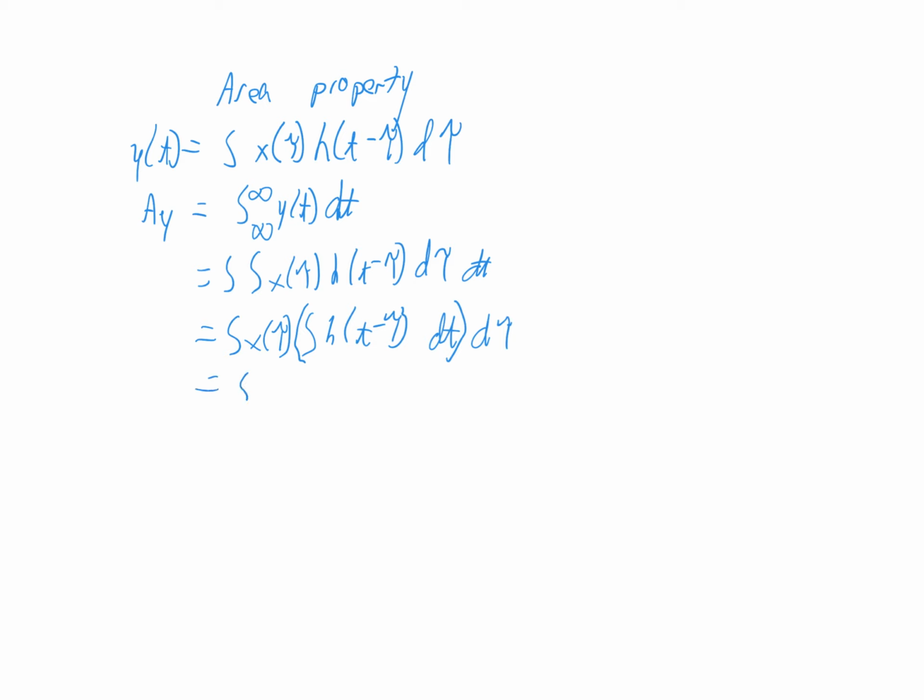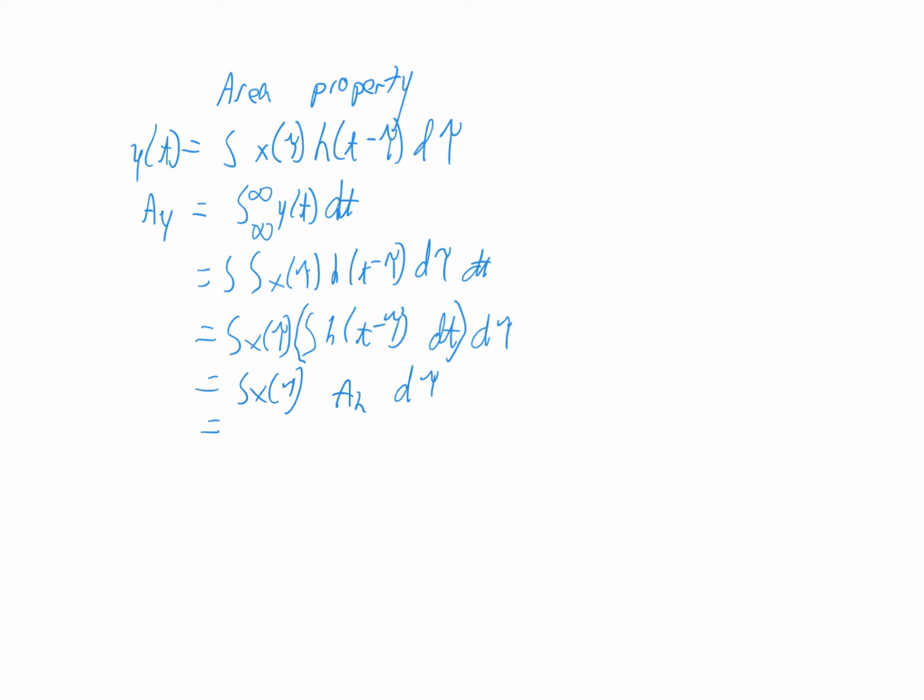So we do this simplification. The value in parentheses is equal to the area of the h function. No matter what the parameter tau is equal to, if I delay that function or I advance it, I'm doing that integral over all time, so I am just extracting the area of h regardless of tau.